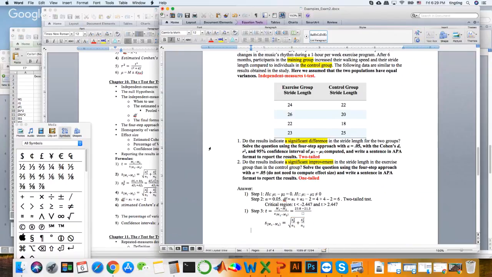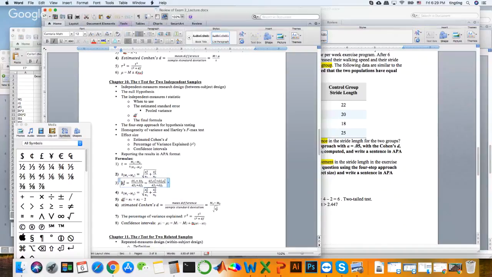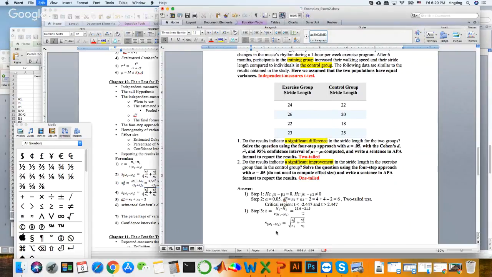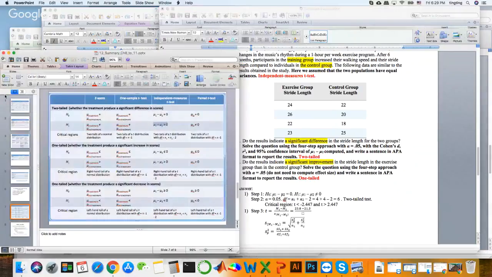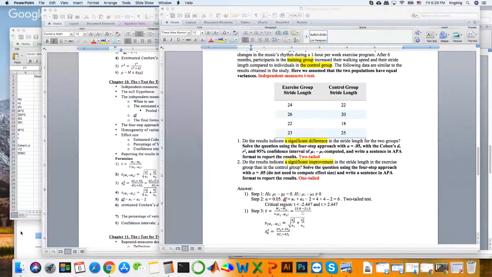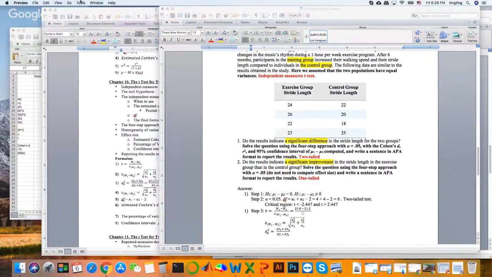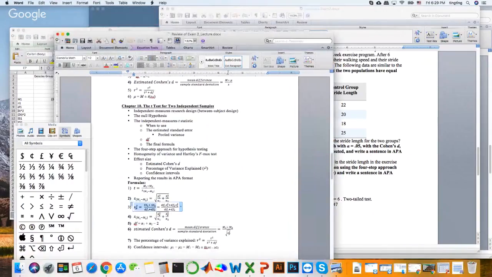Back to this formula. The sp squared means the pooled variance. How to compute the pooled variance? It means we need to compute SS1 and SS2 first. So go back to check the formula for SS1 and SS2, the computational formula.